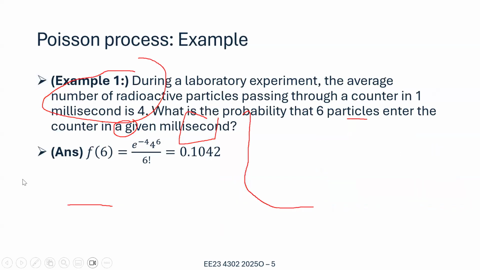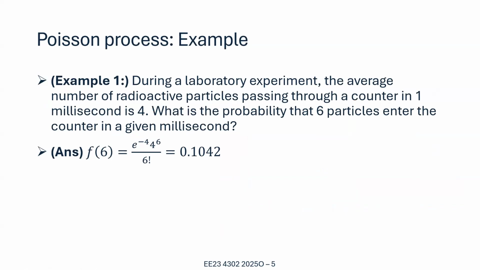Here is one simple example. Let's say that during a laboratory experiment, the average number of radioactive particles passing through a counter in 1 millisecond is 4. We have the time interval here, so it could be years, days, or seconds. Let's say, what is the number of people that will enter this classroom in the next 5 minutes?